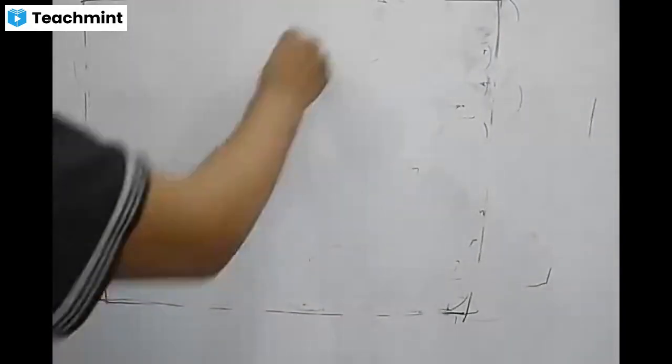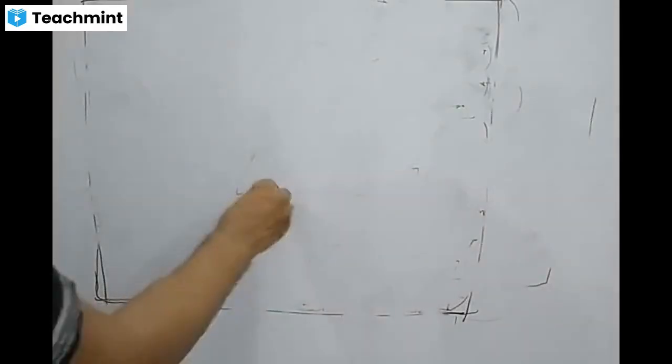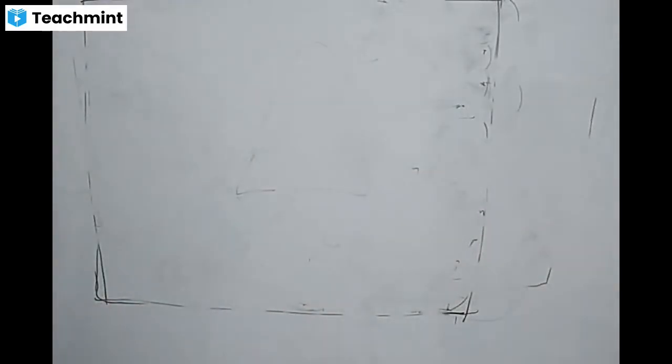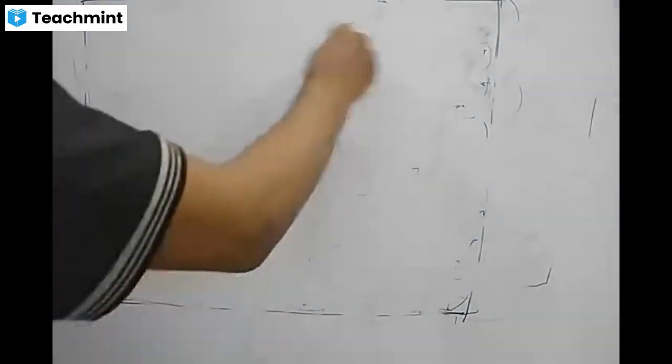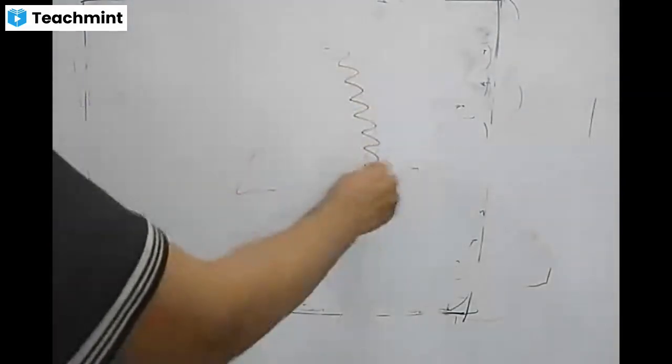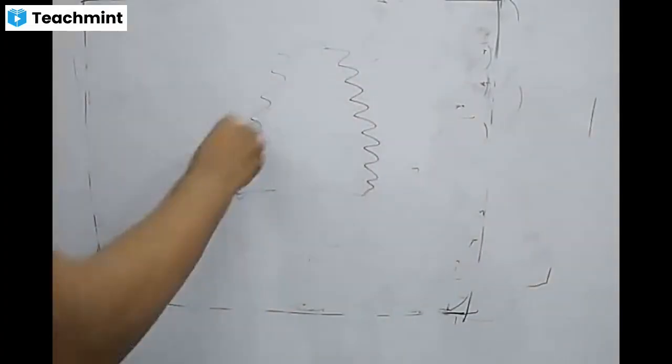So, the important thing about this eyeworm is, suppose this is the eyeworm. This eyeworm is having these spines, these cuticular spines.